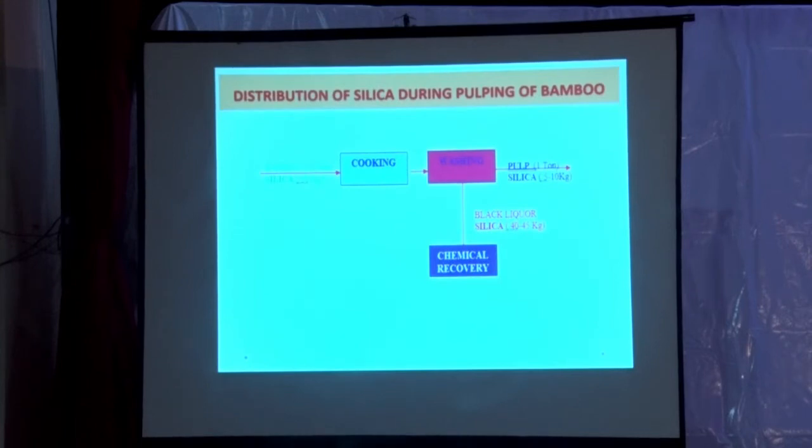I have done this exercise, so you can see it here: for 1 ton of pulp, we have to take about 2.2 tons of bamboo with a yield of 45%. It contains about 50 kg of silica and hardly 5 to 10 kg goes with the pulp and 40 to 45 kg comes with the black liquor.